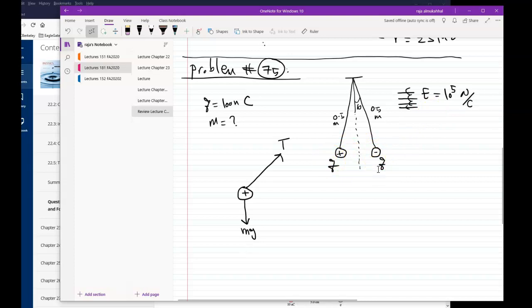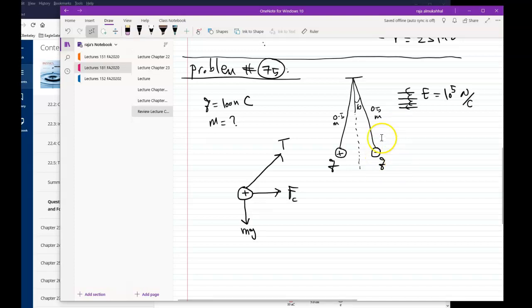That's why this problem, I guess, is harder: you have to put those two forces there. You have two Coulombic forces. So you have an attractive force between the plus and the minus Q's. I'm going to call it F sub C, for Coulomb.